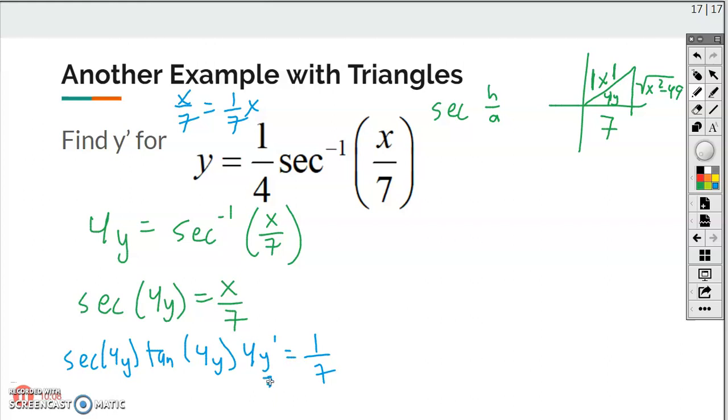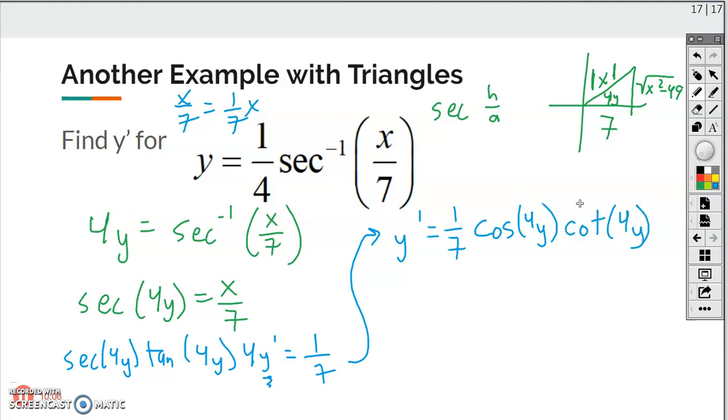So to get y prime by itself, I can either divide by secant and tangent and 4, or, like I said before, I like to multiply by the reciprocals. So instead of dividing by secant of 4y, I'm going to multiply by cosine of 4y. So I've got my 1/7. When I move this secant to the other side, it becomes a cosine of 4y. When I move this tangent to the other side, it becomes a cotangent of 4y. And then I also need to divide by 4 or multiply by 1/4.